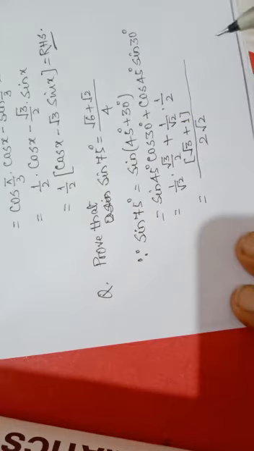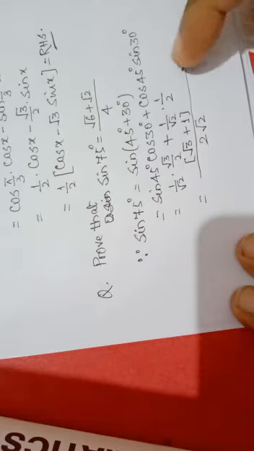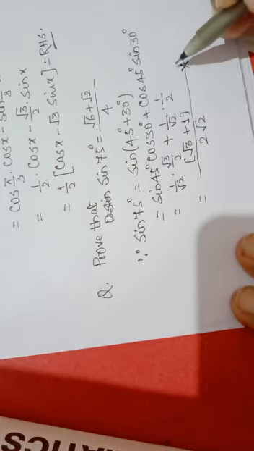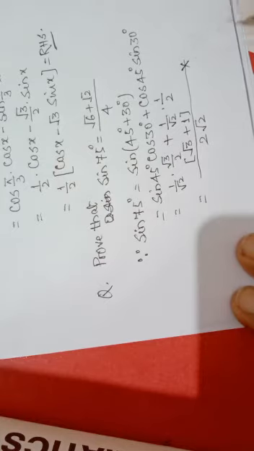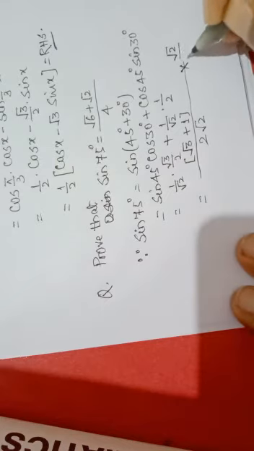So value is root 3 plus 1 by 2 root 2. Now rationalize it by root 2. Rationalize means multiply numerator and denominator by the same term.